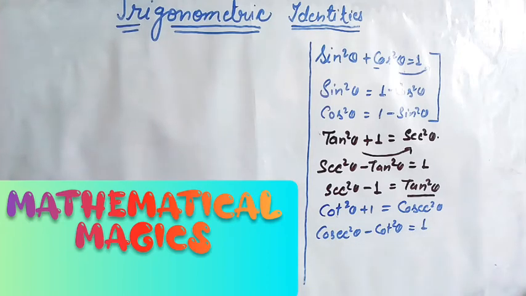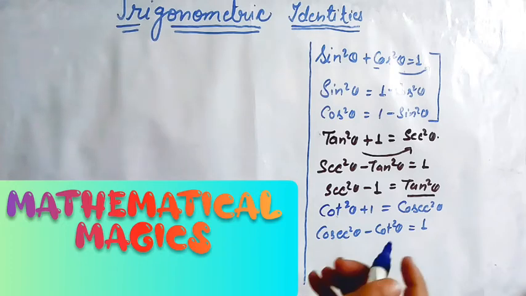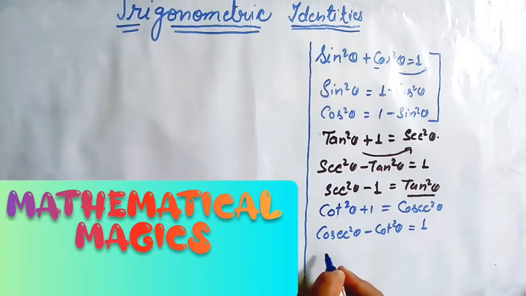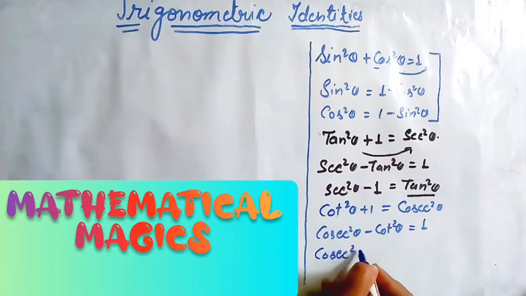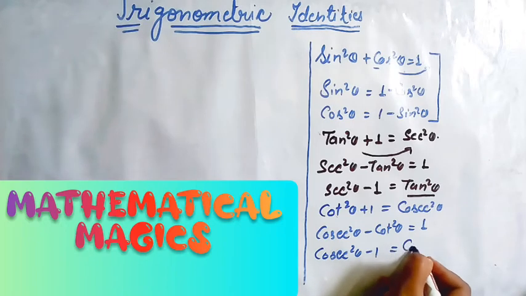And remember, the third way in which the same identity can be used is cosecant square theta minus 1 equals to cot square theta.